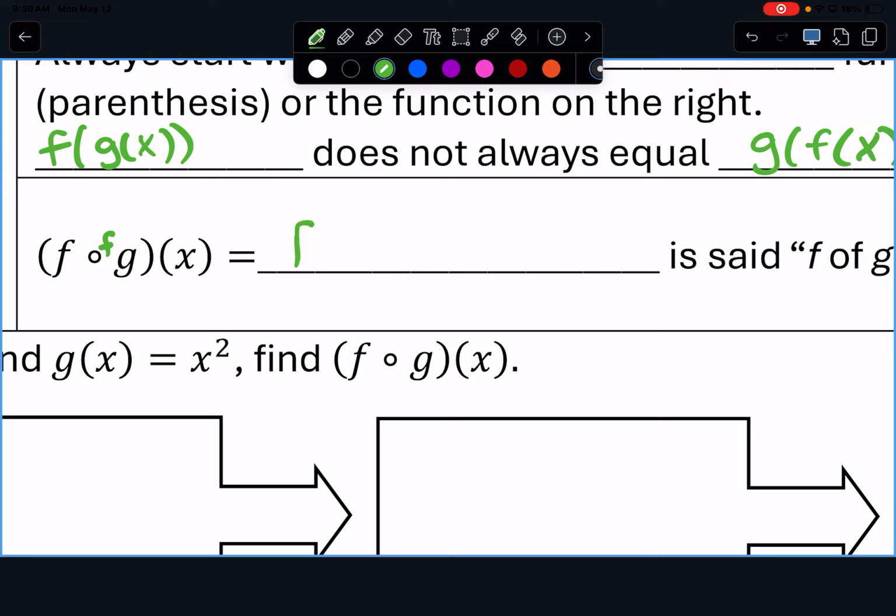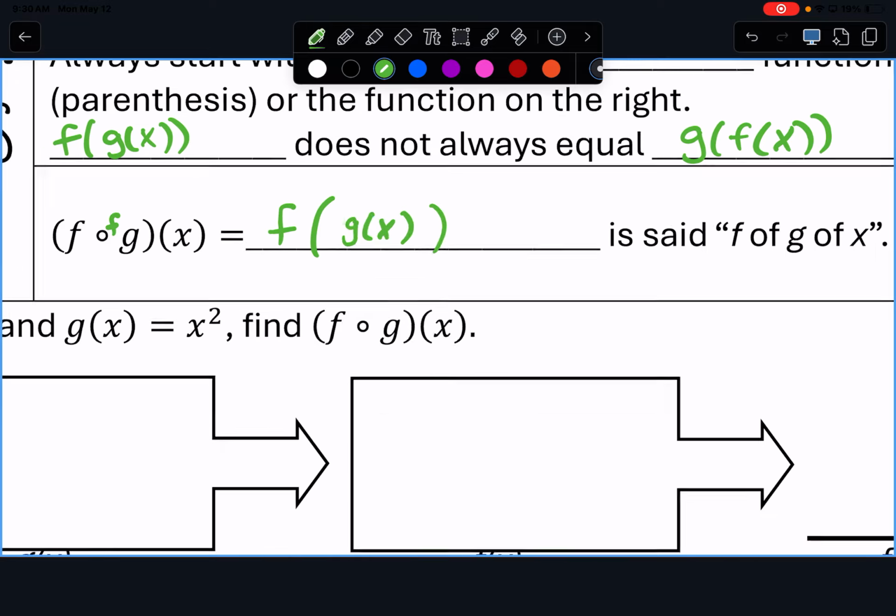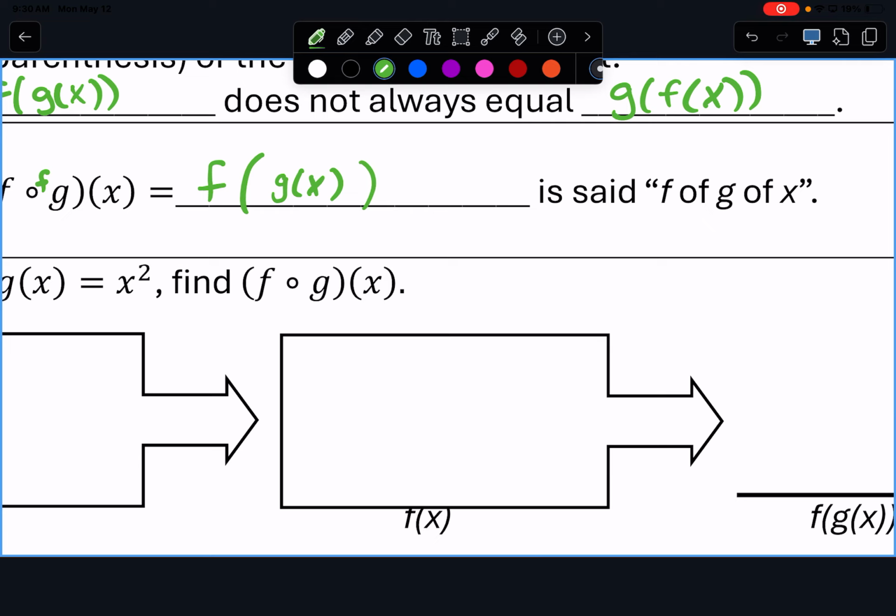We are just saying f, and we're plugging in g of x. We're saying f of x, but instead of x, we're plugging in g. We're just taking the function f and plugging in g. It is said f of g of x. So is it like plugging it twice?